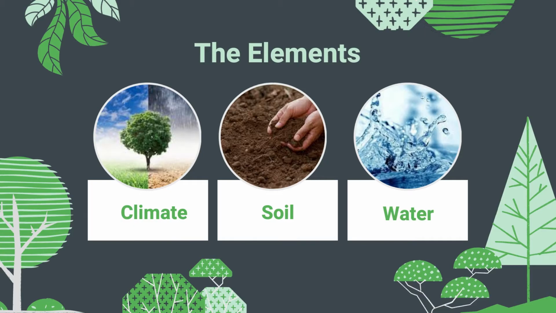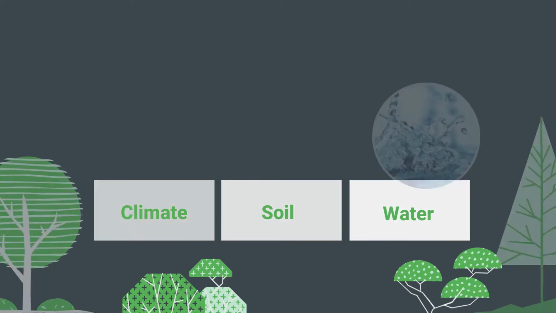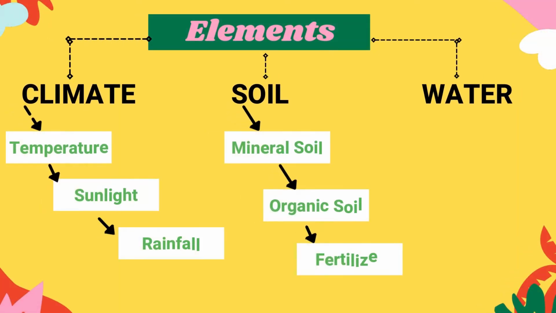So we have the elements to be observed in planting trees and fruit trees. We have climate, soil, and water. For us to better understand these elements, I created a diagram on these elements. So we have climate, soil, and water.